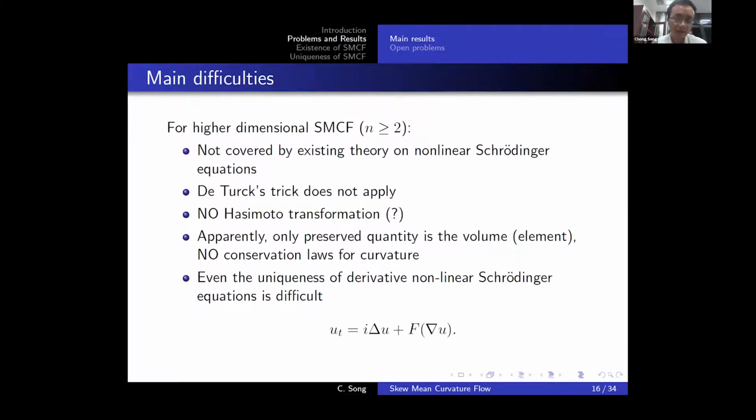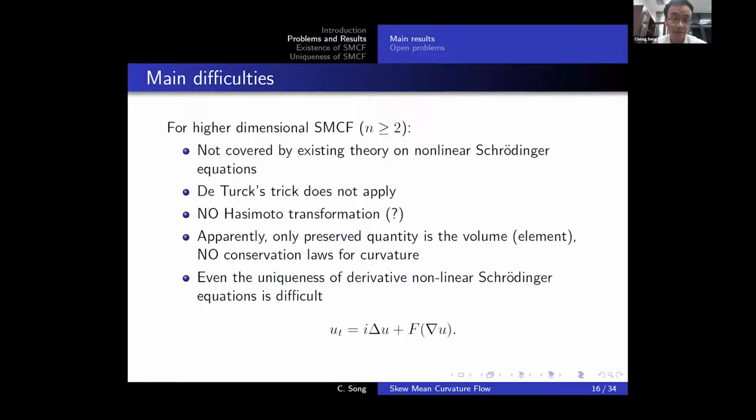For higher dimensional Schrodinger curvature flow, it's a totally different picture. The key difference, as I mentioned, is that for dimension larger or equal to 2, the underlying metric is evolving along time. So it becomes a very complex nonlinear Schrodinger system, and it's not covered by any existing theory on nonlinear Schrodinger equations.